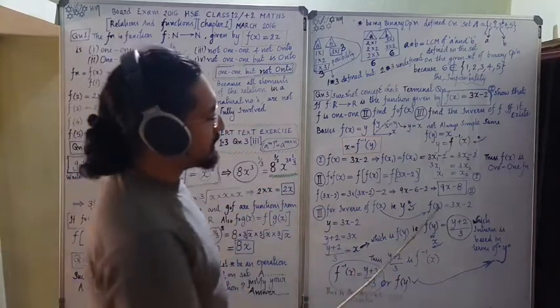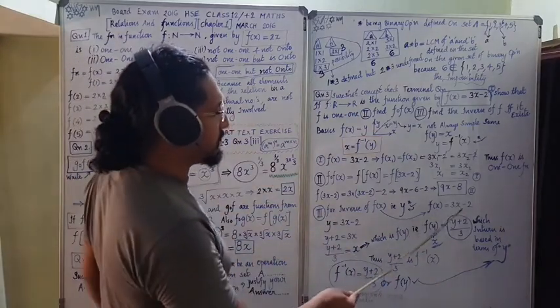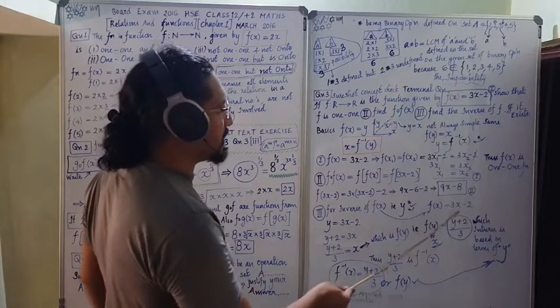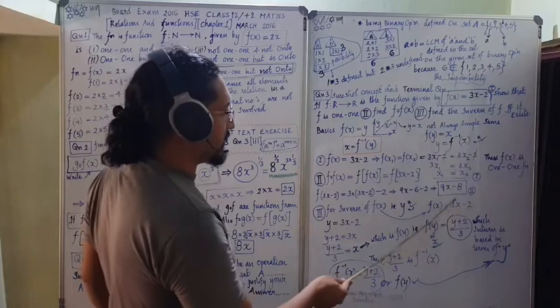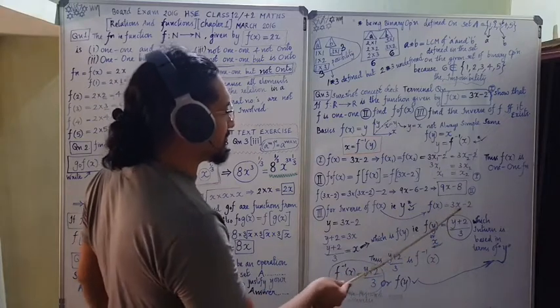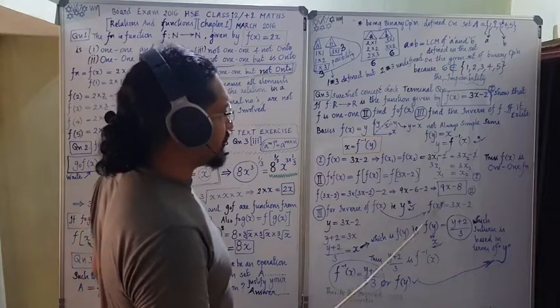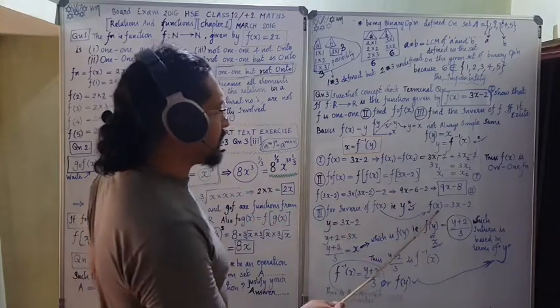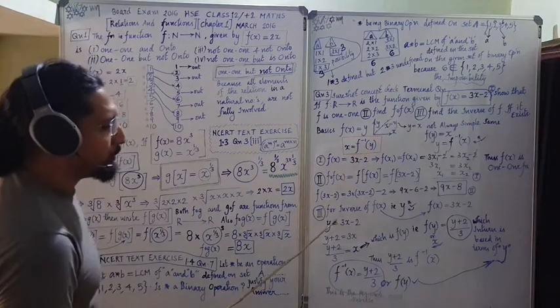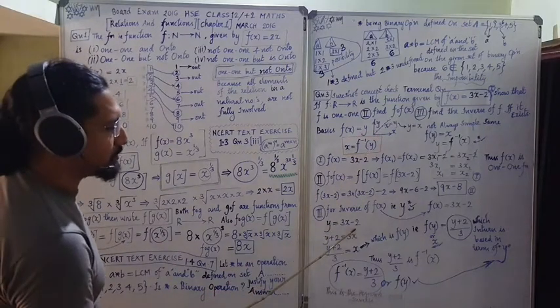This is a function which has a variable x and a law which is given in a relation like this. So just to move to another variable, we put f of x is equal to y. Here I have just taught you. Put y is equal to 3x minus 2.